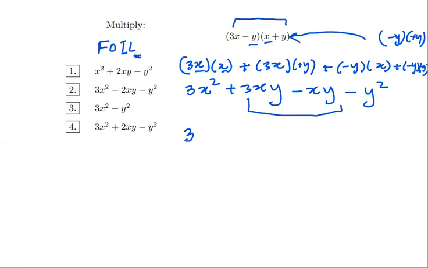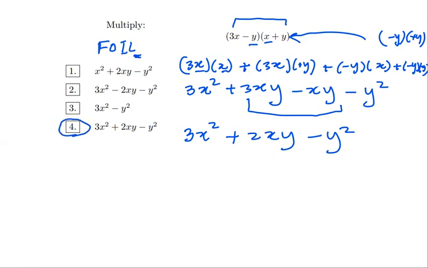So this will be 3x squared plus 3xy minus xy, which is 2xy, minus y squared. Okay, so do we have a candidate for the answer? It sure looks like this here is our correct answer.